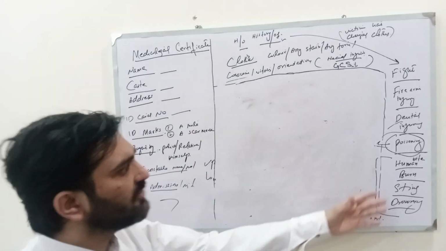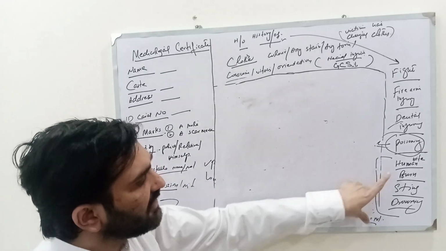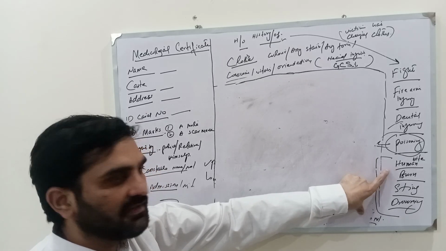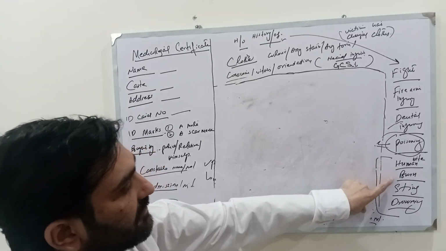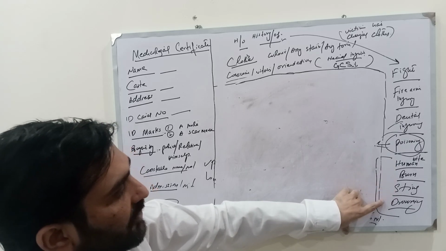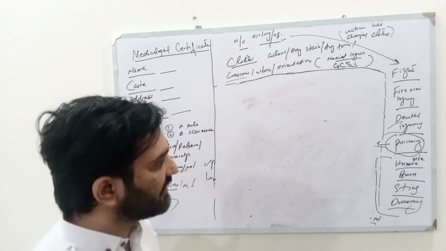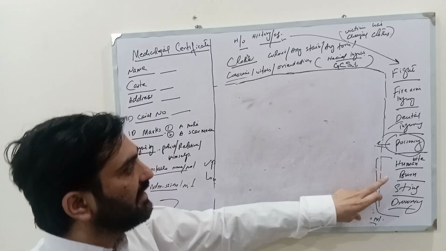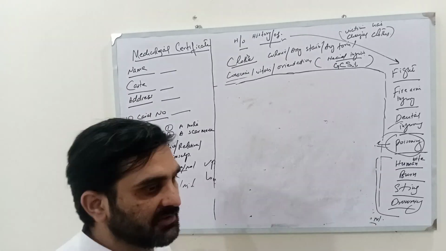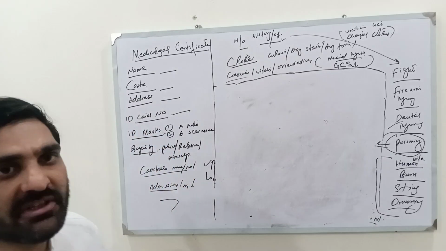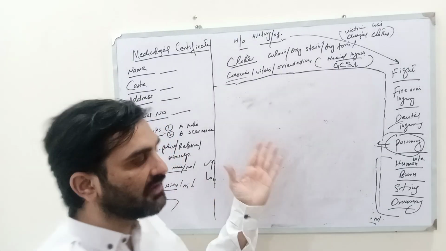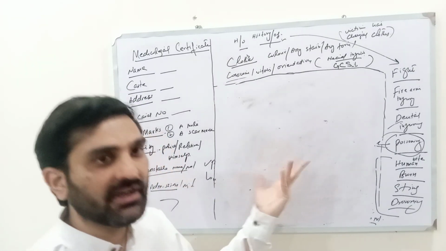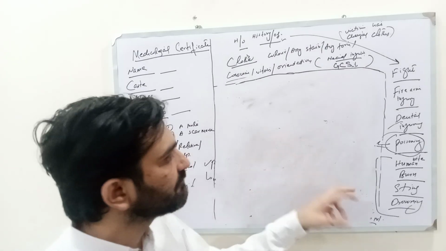Next, you can have a case where a human bite occurs, burn case, sting, and drowning, but these are rare cases. In human bites, most of the time you can have only abrasions, and you deal with it by writing an abrasion or a lacerated wound.